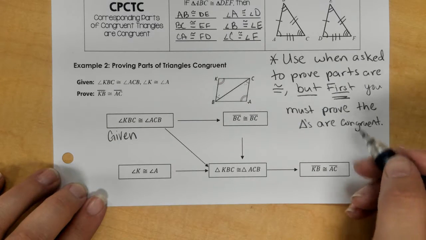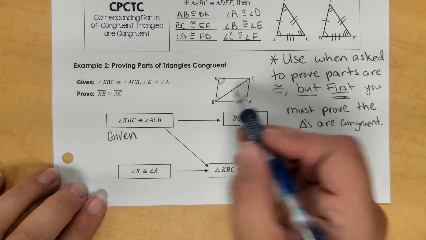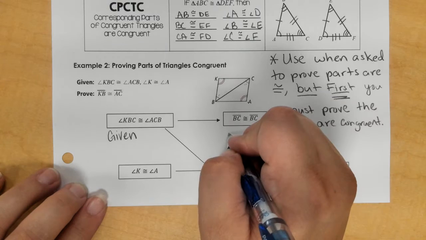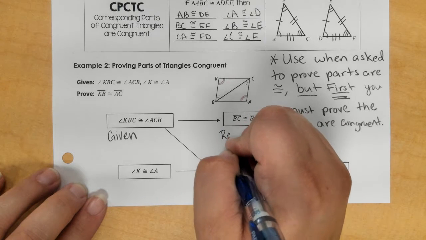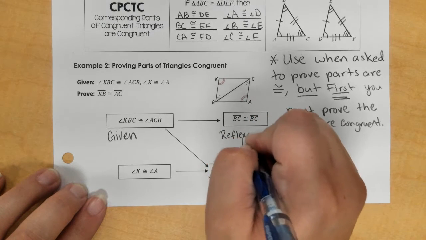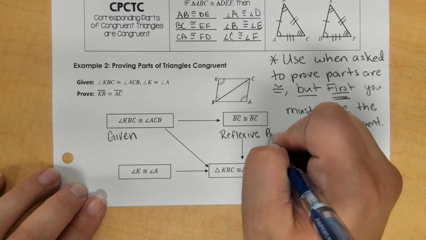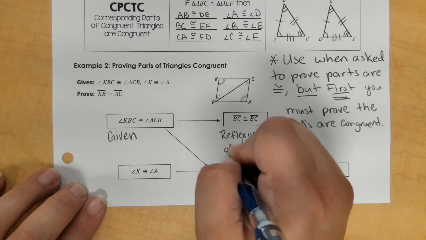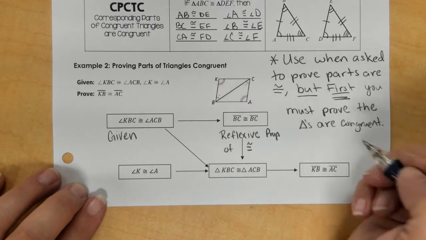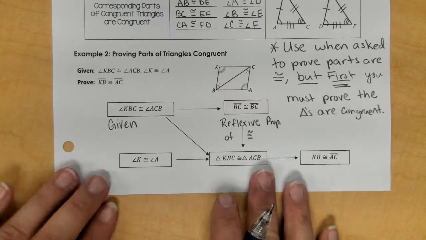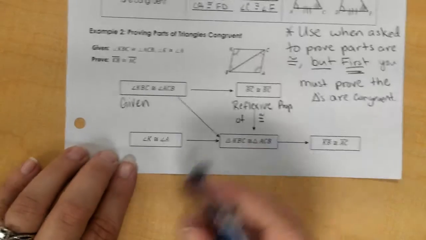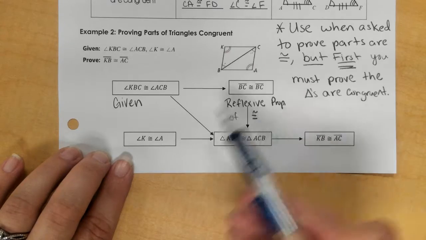Then we also can say that BC is congruent to itself, and that's just the reflexive property of equality. Then we were also given that angle K is congruent to angle A.